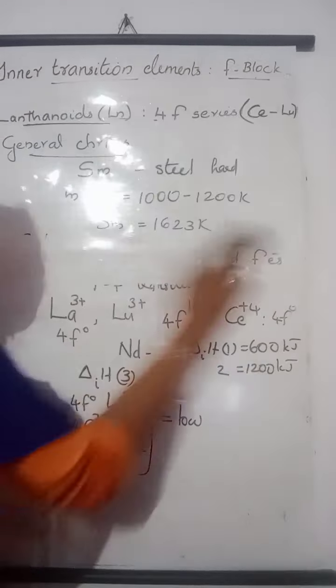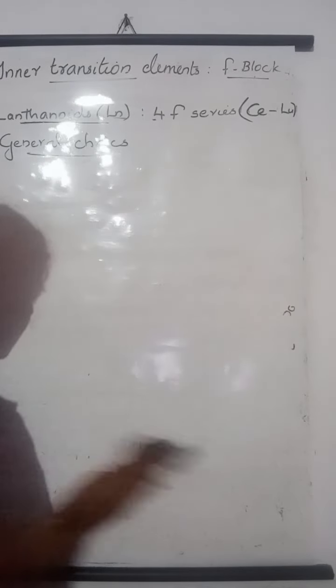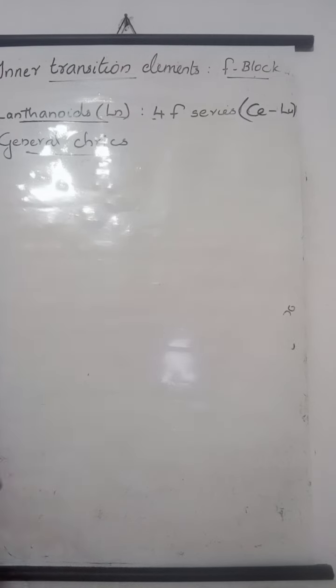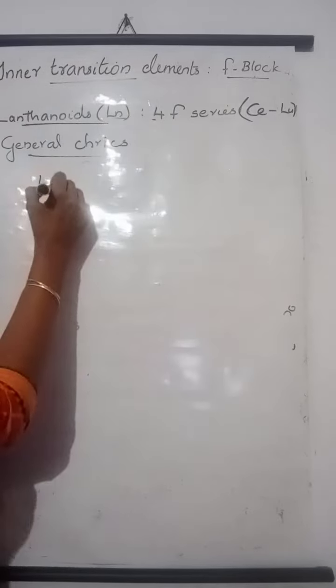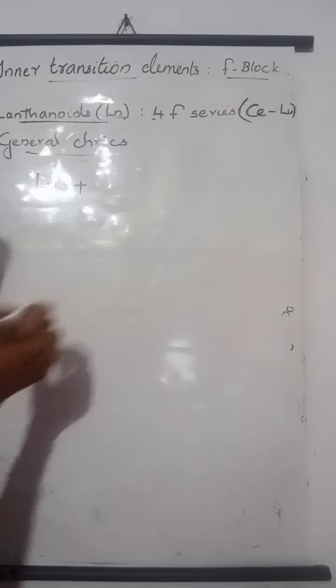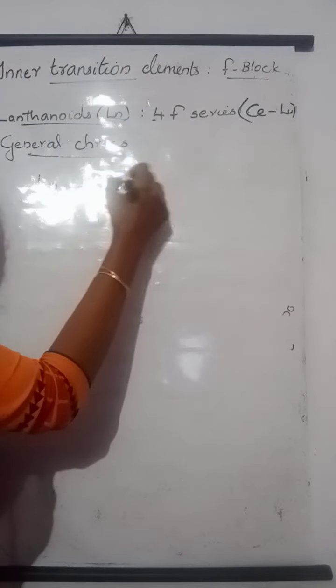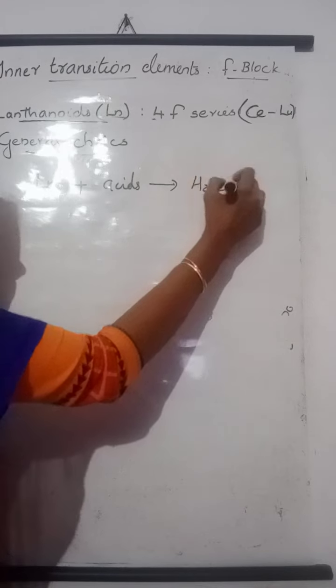The chemical reactivity of lanthanide elements can be explained as follows. Ln is the general symbol for lanthanoid. They react with acids and liberate hydrogen gas.